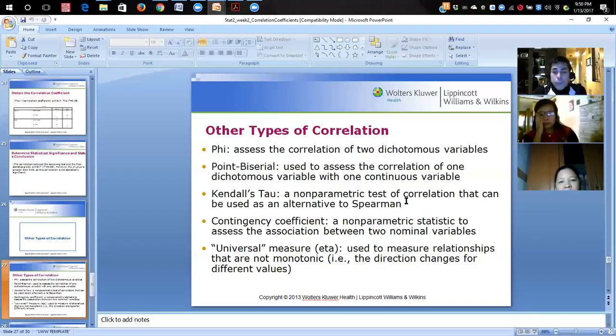It's a non-parametric test of correlation that can be used as an alternative to Spearman. The publication that I sent you for your reading this week shows the application of Kendall's Tau in looking at correlations of variables.